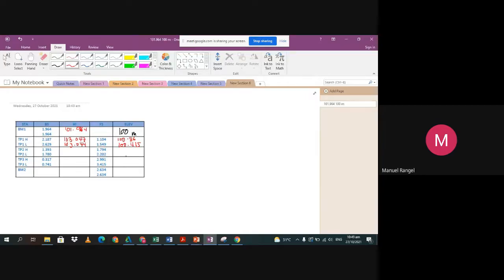Then the elevation: 103.047 minus 1.794 is 101.253. And 103.044 minus 2.202 is 100.842.